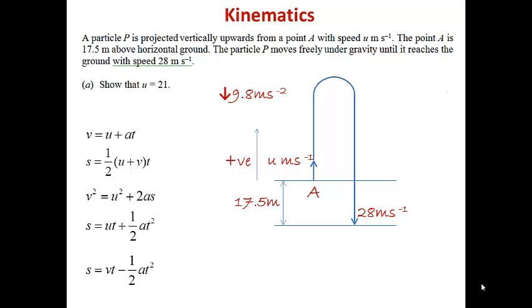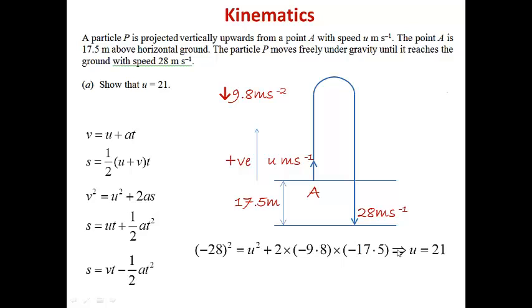We know the distance, which will be minus 17.5 meters. We know the velocity v, which will be minus 28 meters per second, and we know the acceleration, minus 9.8 meters per second squared. So we use v squared equals u squared plus 2as, and we create this equation, which is easily solvable in terms of u.